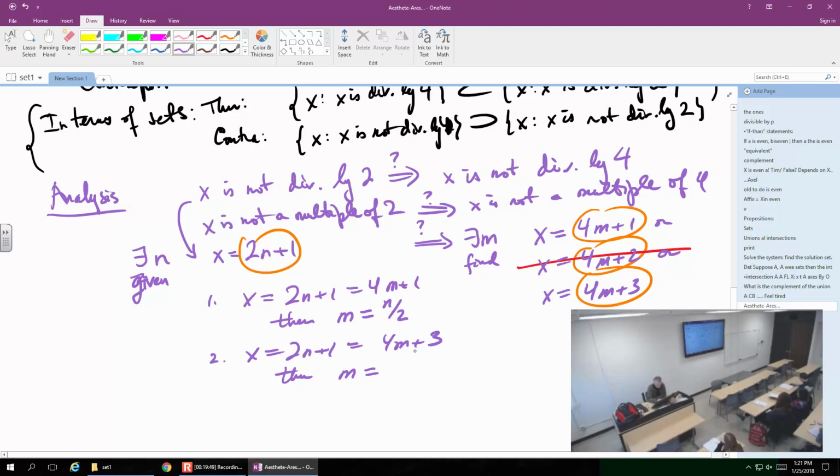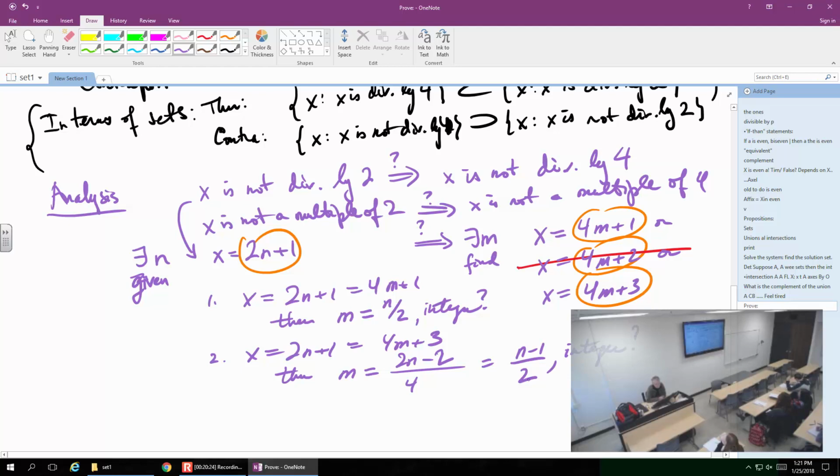So m is equal to 2n minus 2, divided by 4, right? Or I could divide by 2, it will be n minus 1 over 2. Once again, there is division by 2, so it's possible that this number is not an integer. This one might be or might not be an integer, this one too.